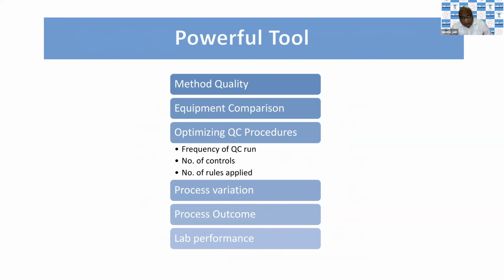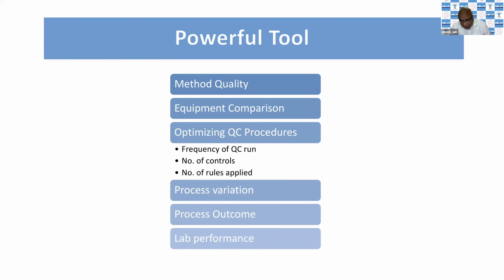We need some powerful tool, so that if we want to see what is the quality of a particular method to perform a particular test, or if we have options for 3-4 instruments, what is the best instrument for our laboratory? How can we compare instruments? Or if we already have one existing equipment, how can we harmonize another instrument with this instrument?